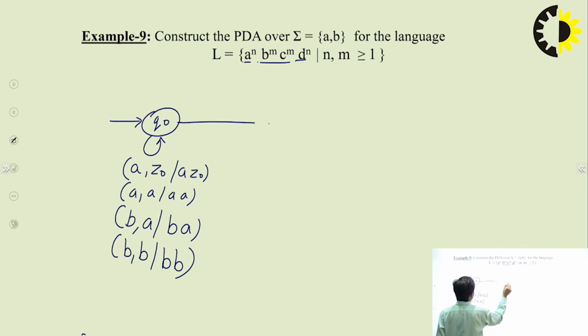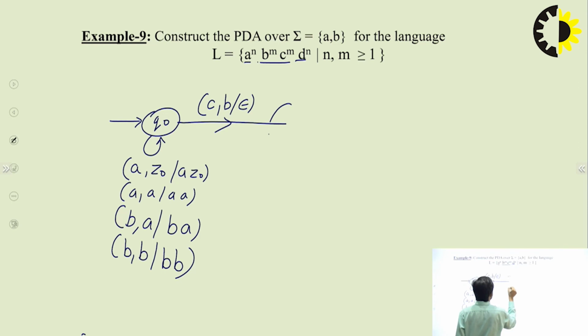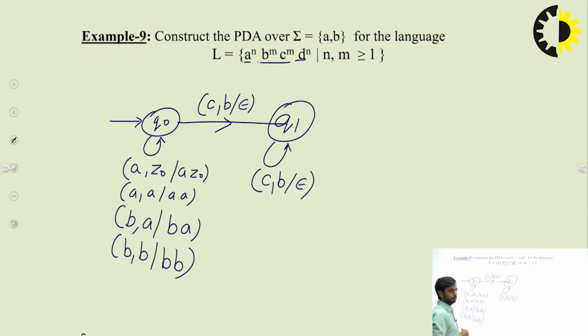Now when the input is C and the top of the stack is B, we pop B and reach state Q1. When the input is C, the top of the stack is B, we pop B. Now all B's and C's will be over.